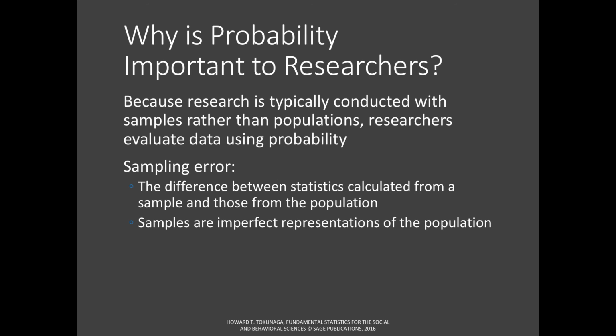Because samples do not 100% represent your population. For example, if I was going to take a sample of all of the students at Westchester, I'm probably not going to get a representative sample.